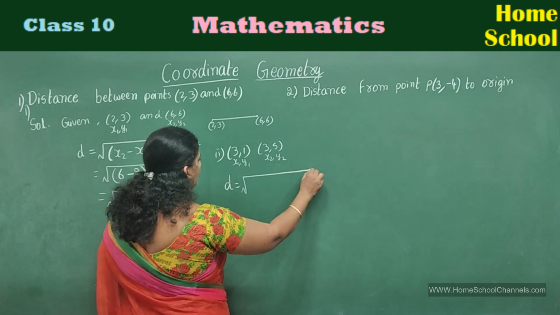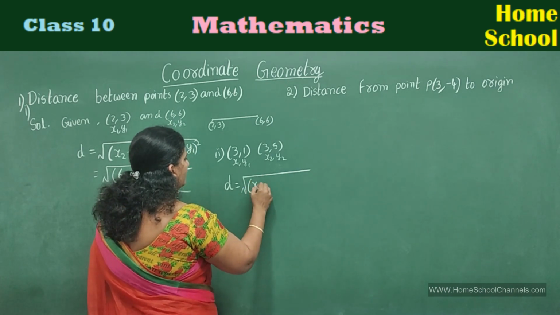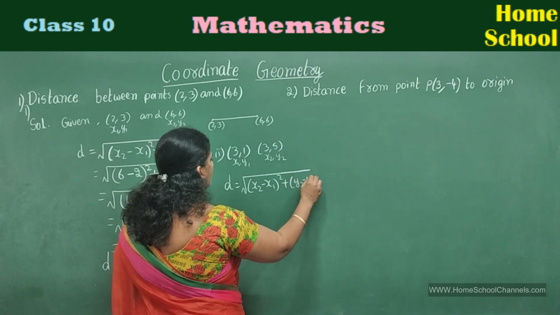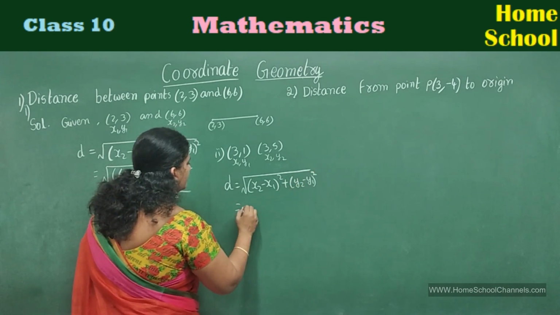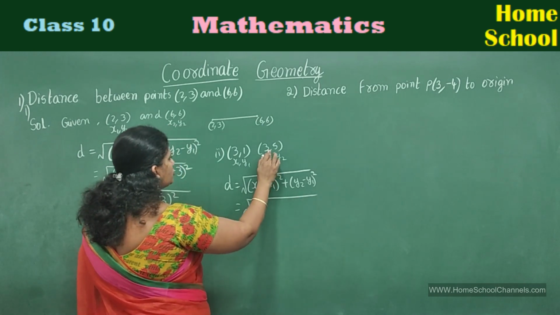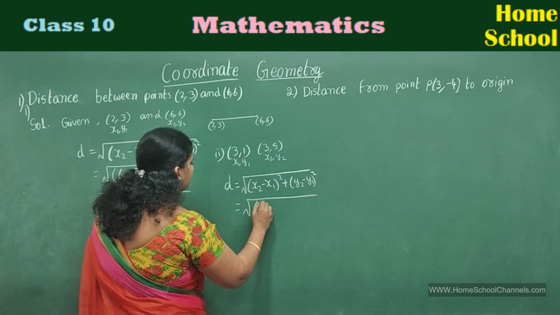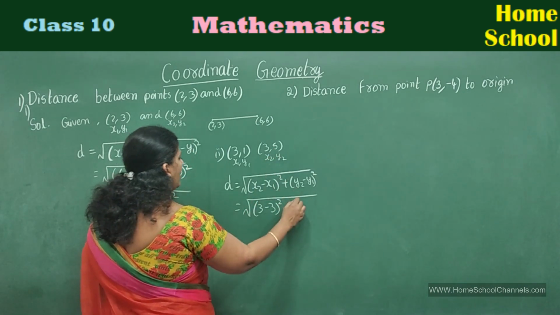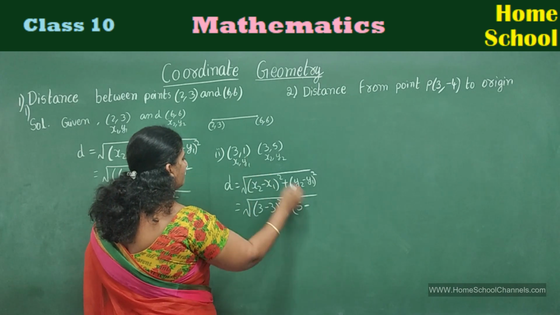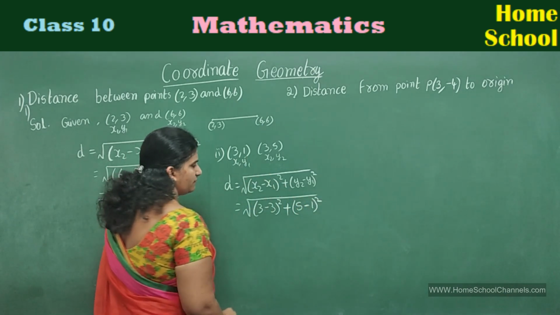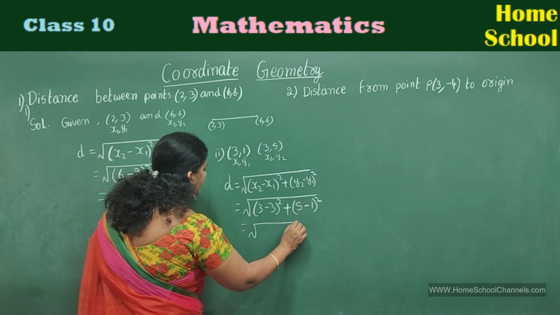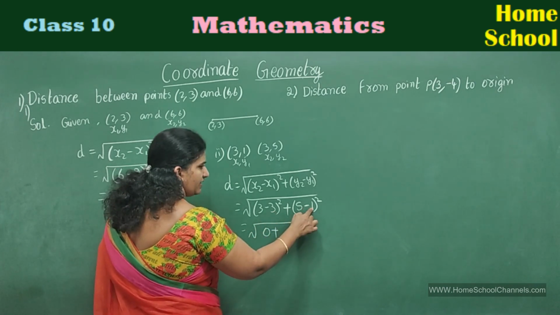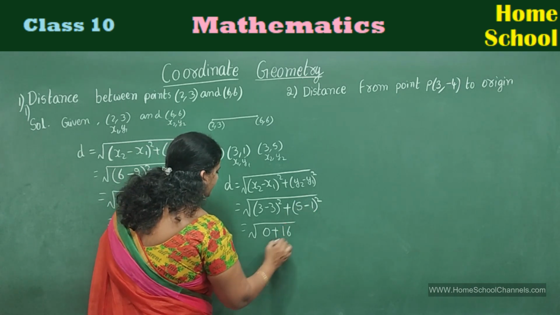d is equal to square root of (x2 minus x1) whole square plus (y2 minus y1) whole square. Substitute the values. x2 value is 3, x1 value is 3: (3 minus 3) whole square, plus y2 value is 5 minus y1 value is 1: (5 minus 1) whole square. 3 minus 3 is 0, 0 square is 0. 5 minus 1 is 4, 4 square is 16.